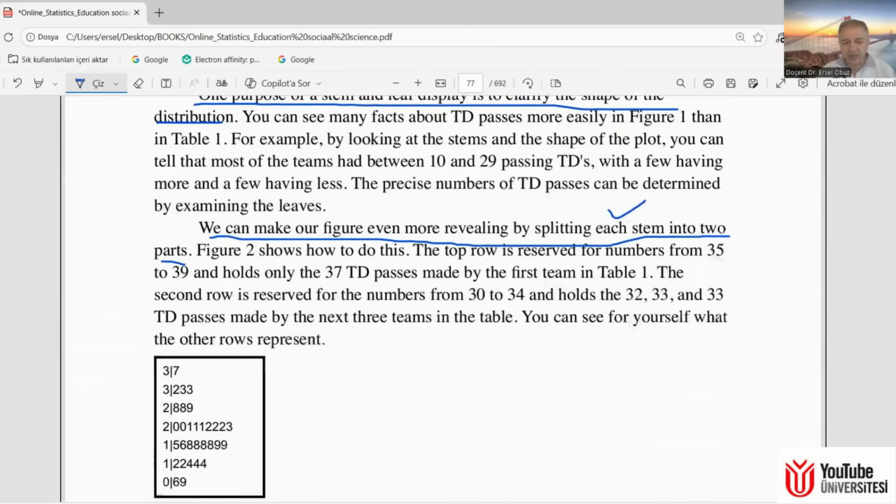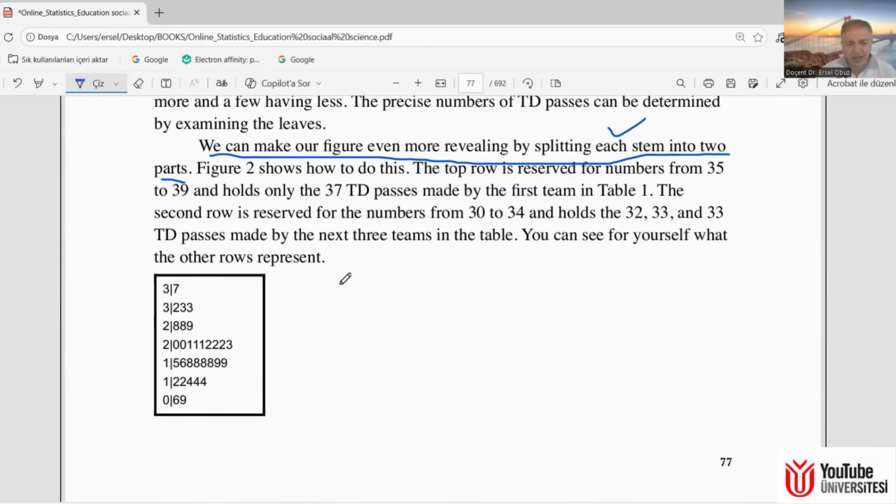What it means is, up to 34, you get one stem and leaf. After 35 and more, you get another stem and leaf. So as you see, you have 37, 32, 33, 33, 28, 28, 29, 20, 20, 21, 21.